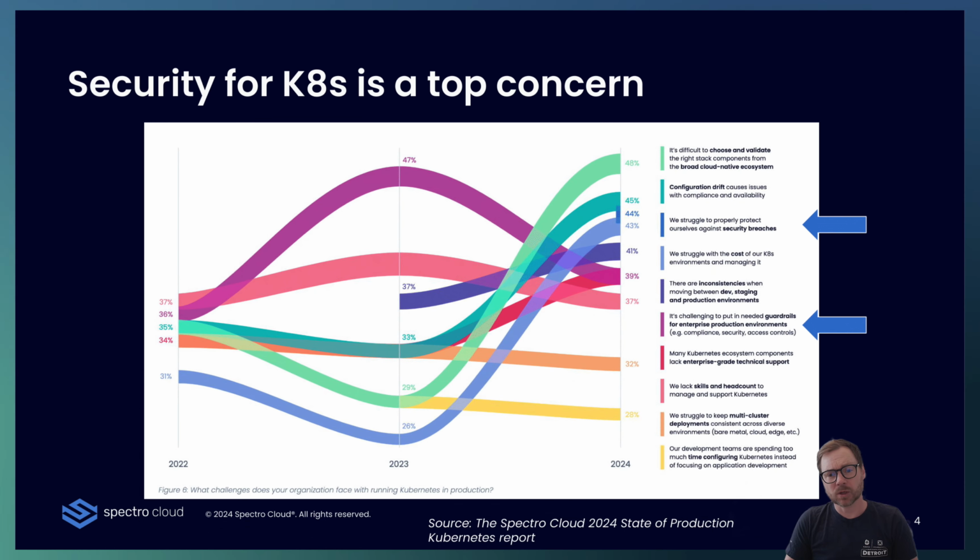Now, I'd like to start talking about trusted boot and full disk encryption by taking a look at a recent survey that we've run called the Spectro 2024 State of Production Kubernetes Report. At Spectro, we've always had a very heavy focus on security, including but definitely not limited to use cases such as Kubernetes as a service, with our ability to enable automated regular security scans across 1,000, 10,000 or more clusters, or to schedule operating system patching and updates on a regular basis, protecting against security breaches.